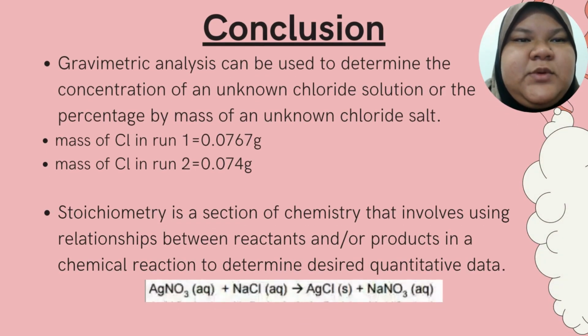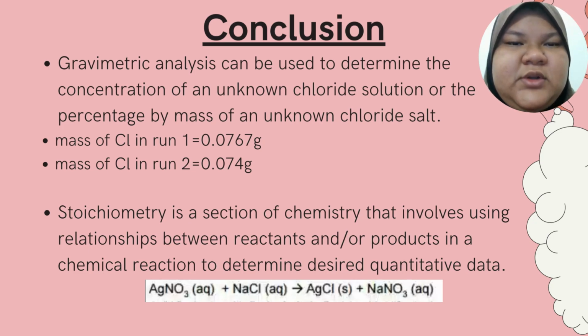The conclusion for this experiment is that gravimetric analysis can be used to determine the concentration of an unknown chloride solution or the percentage by mass of an unknown chloride salt. The mass of chloride we got in round 1 is 0.0767 gram, whereas the mass of chloride in round 2 is 0.074 gram.